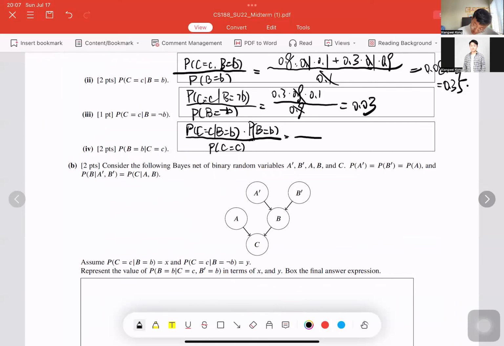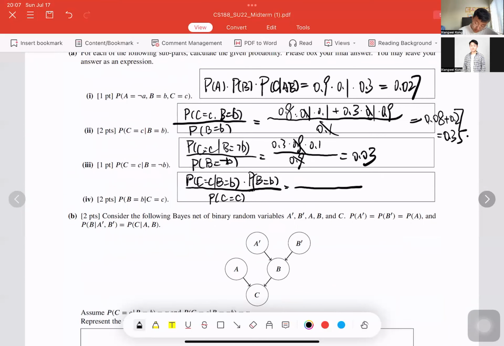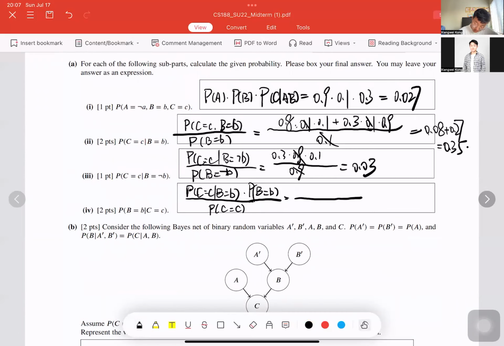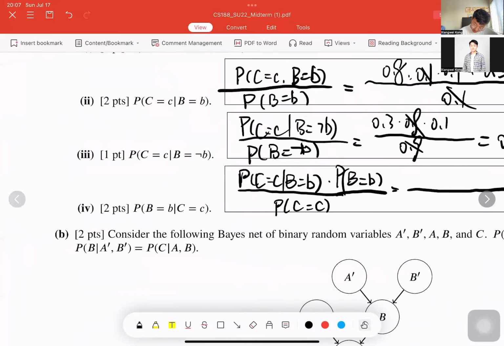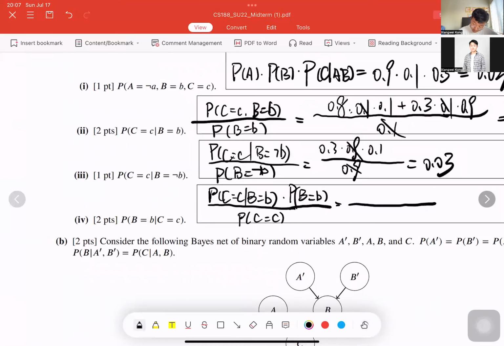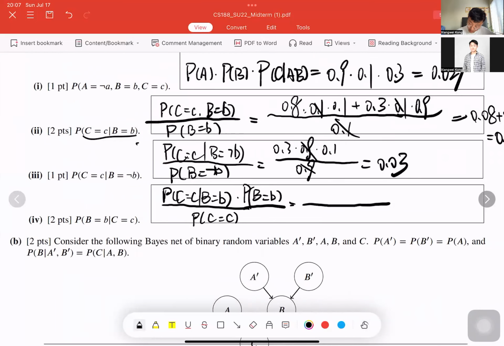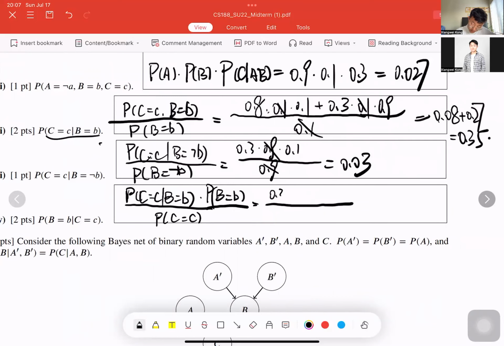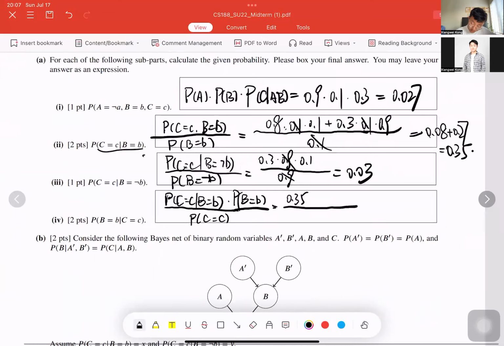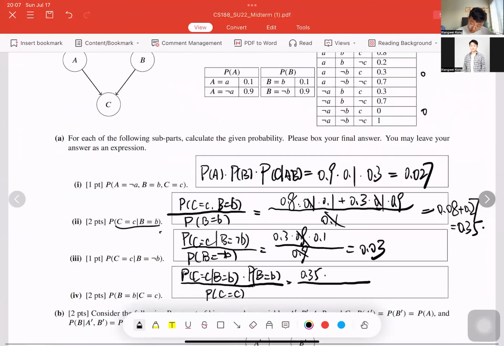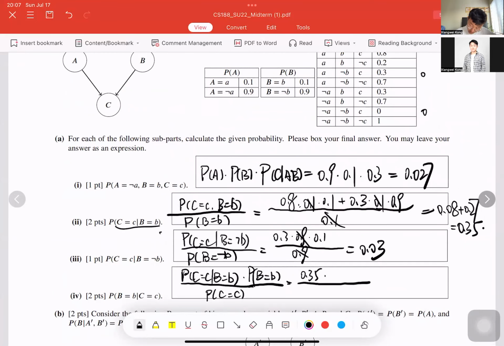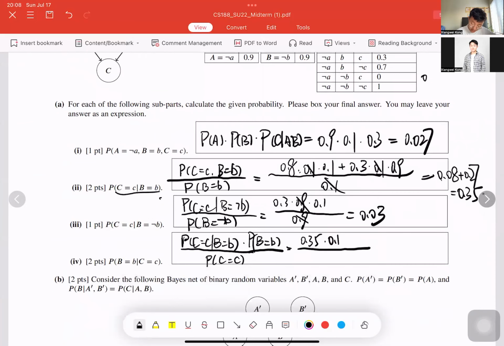So for the numerator, we have this one, and we get 0.35 times this one, which is 0.1, and divided by C equal to c.